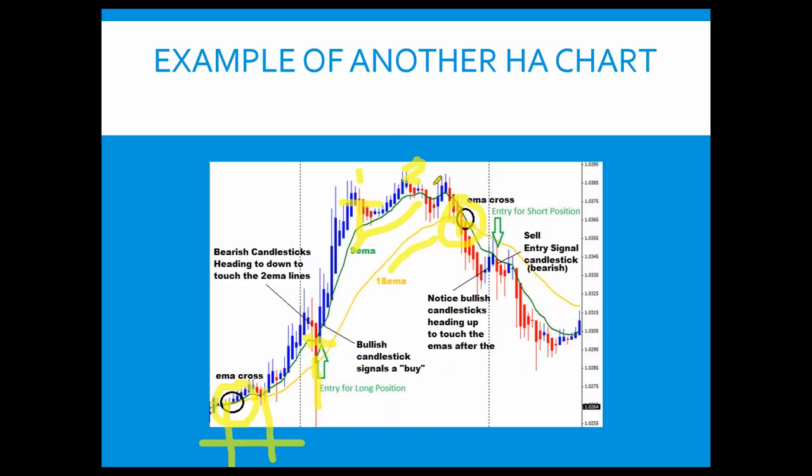Sorry for my drawing. Or we wait for 0.3. Market's still above the 18. This would be 0.3. I would possibly be thinking of getting out around the 0.3 area.